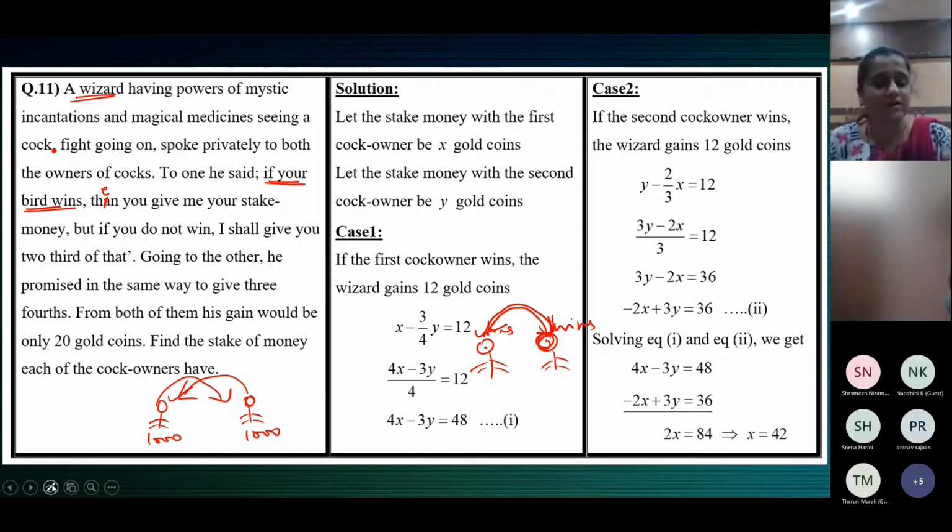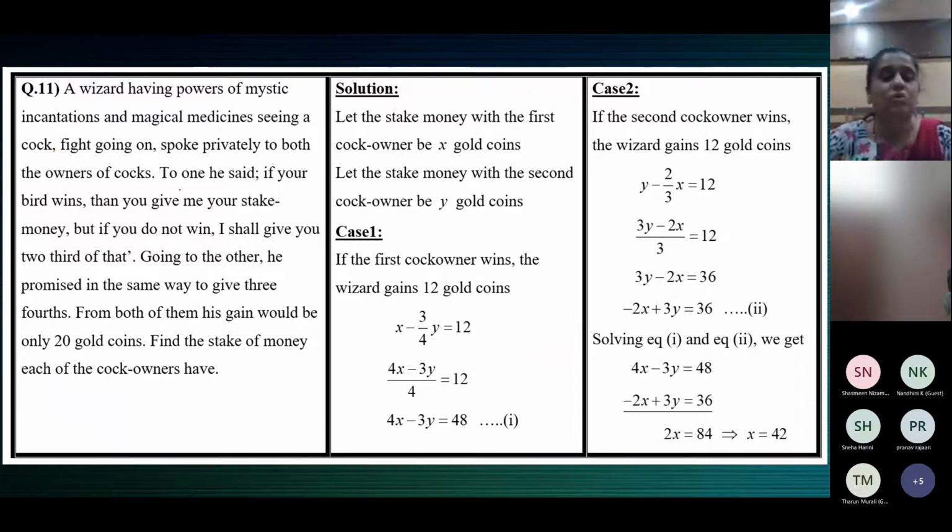Now this wizard approaches one of the cock owners and says, if your bird wins, then you give me your stake money. But if you do not win, I shall give you 2/3 of that. Going to the other, he promised in the same way to give 3/4.